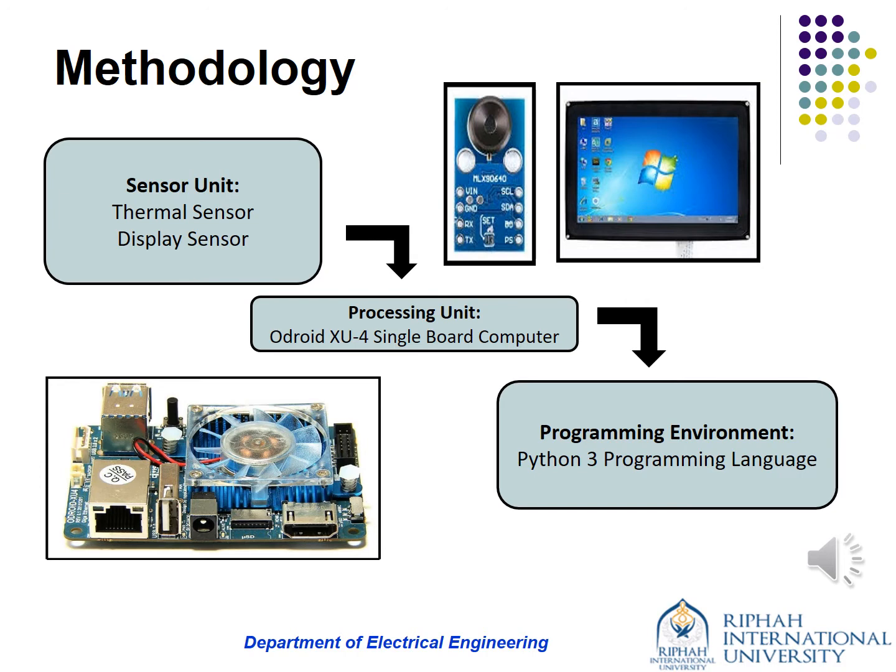This sensor is I2C compatible and has a digital interface with the processing unit, and has a programmable refresh rate of 0.5 Hz to 64 Hz. The supply voltage of this sensor is 3.3 volts, and it consumes less than 23 milliamperes of current.